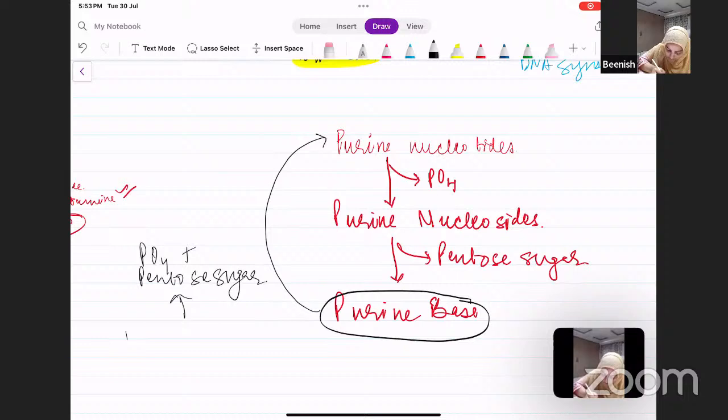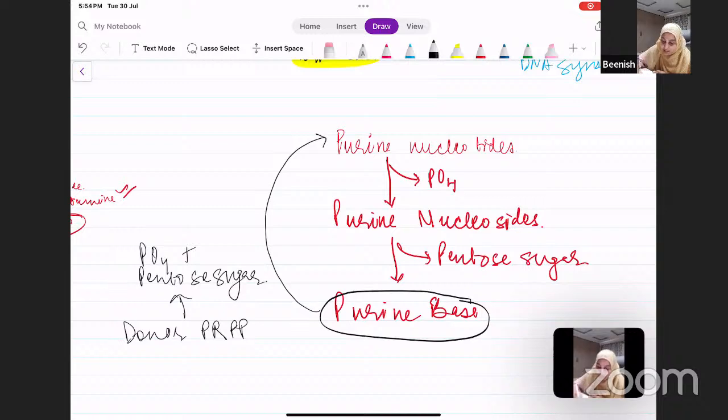So the donor for this is PRPP, phosphoribosyl pyrophosphate. Because remember the structure of phosphoribosyl pyrophosphate: it has a ribose and a phosphate group at the first position, and then a pyrophosphate was added at the first position. So the donor of the pentose sugar and the phosphate that you need to add to this purine base to salvage it back to a purine nucleotide is PRPP.